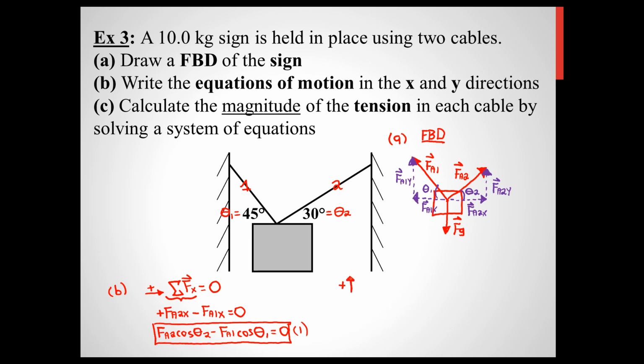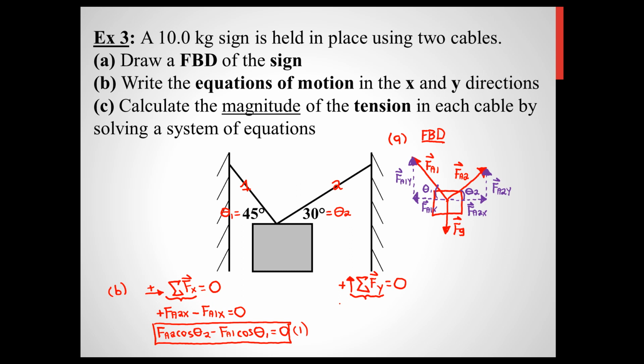Now let's go to the y direction. So find the sum of the forces in the y direction. And if we're in a state of equilibrium, which we are, specifically static equilibrium, that sum is going to be 0. So look at all your forces in the y direction. If they point up, put a plus sign in front of them. If they point down, put a negative sign in front of them.